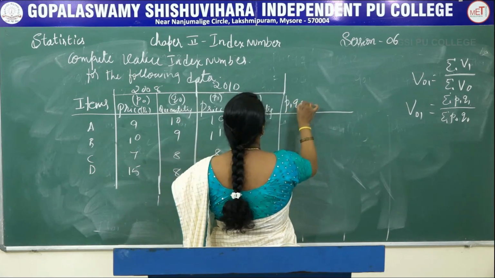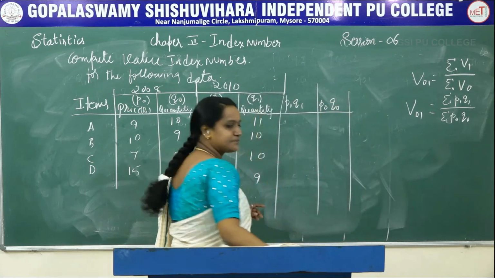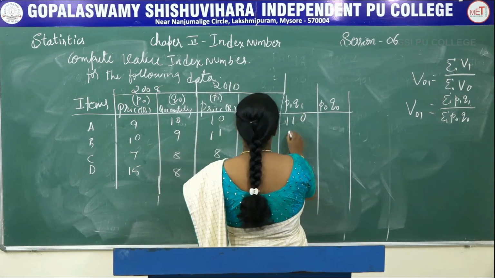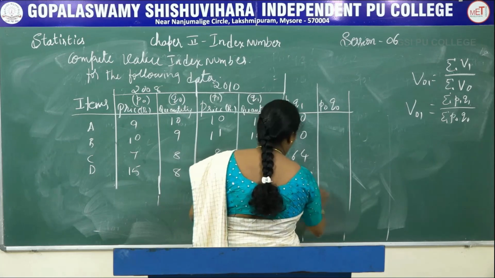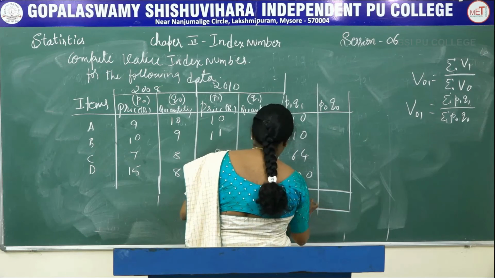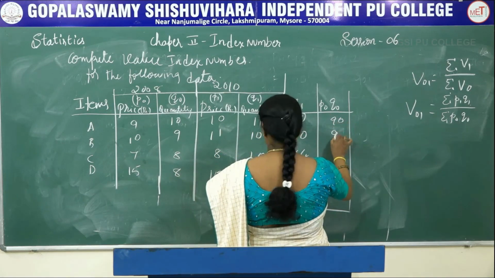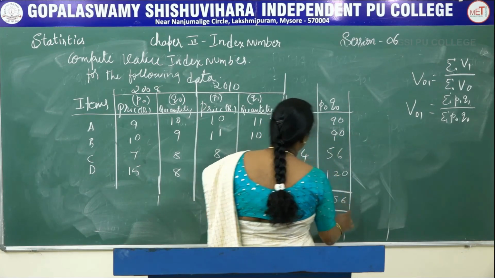So P1 Q1 one column, P0 Q0 another column. Values are like this: 110, 110, 64 and 120, and this total will be 404. Similarly for P0 Q0, it is 90, 90, 56, 120, total 356.